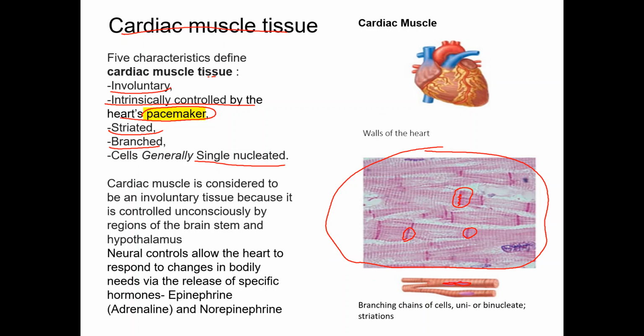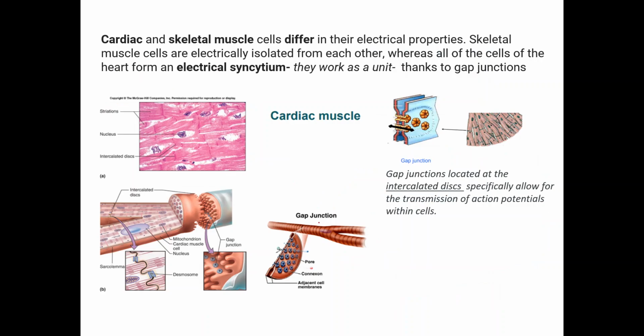Just see how there are branches that put the various cells in communication. It is also controlled by regions of the brainstem and the hypothalamus. The neural control allows the heart to respond to bodily needs, when you need to pump the heart more strongly and faster. The hormones that regulate these are adrenaline and noradrenaline, also known as epinephrine and norepinephrine.